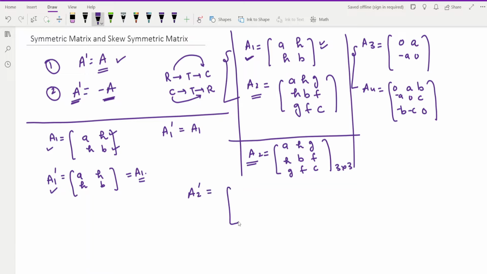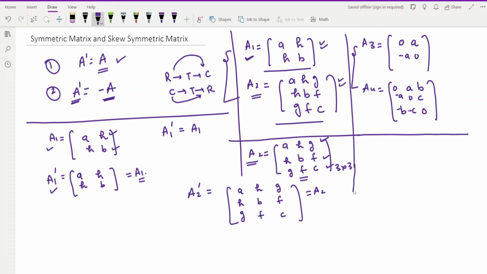Whatever is the first row is the first column, that is A, H, G. The second row is the second column, that is H, B, F, and the third row is the third column, that is G, F, and C, right? And if you see, this is the original matrix A2. So A2 transpose is equal to the original matrix. So again we will claim that this matrix is also a symmetric matrix.